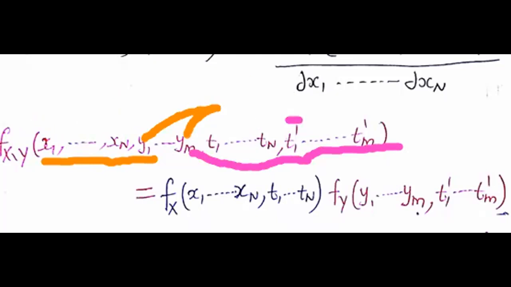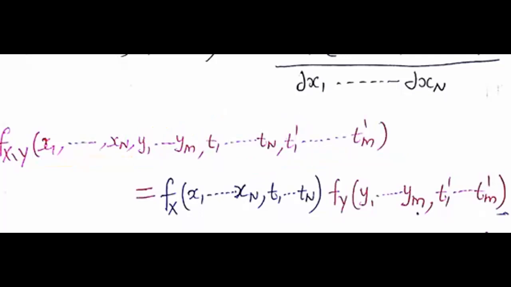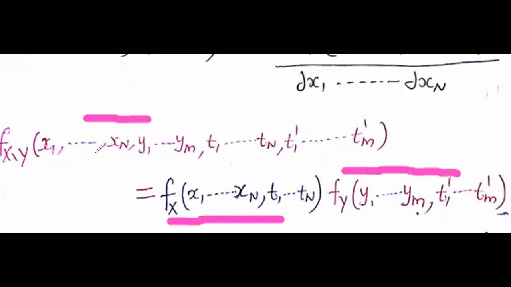So if the function is like this, and you realize this joint density function in terms of x and in terms of y, now observe the equation here. What it is going to tell us is that the two random processes x of t and y of t are together.